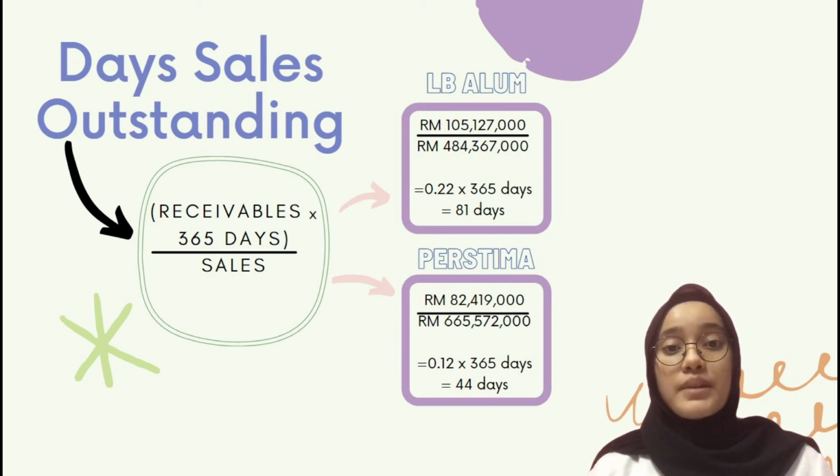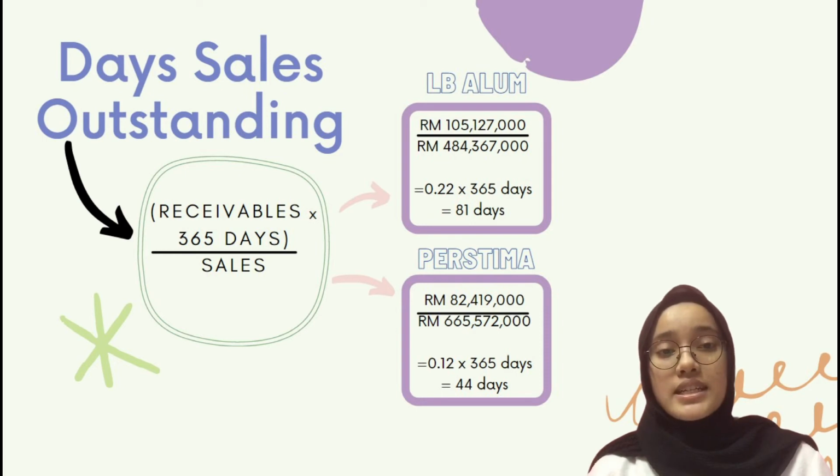So the amount of account receivable divided by sales and multiplied by 365 days, we get the answer of 81 days. So this is for LB Aluminium.